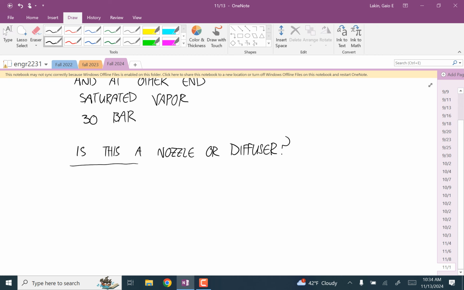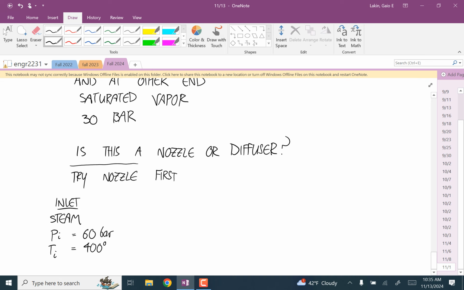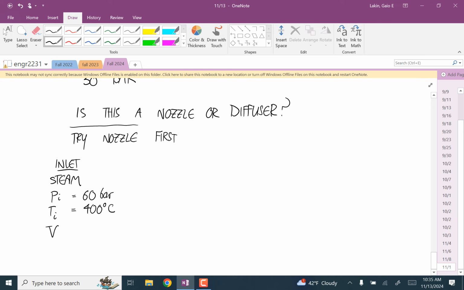Okay, so let's try nozzle. That means our state 1, our inlet, has superheated steam. The pressure at the inlet is 60 bar. The temperature at the inlet is 400 degrees Celsius. The speed at the inlet is 30 meters per second.